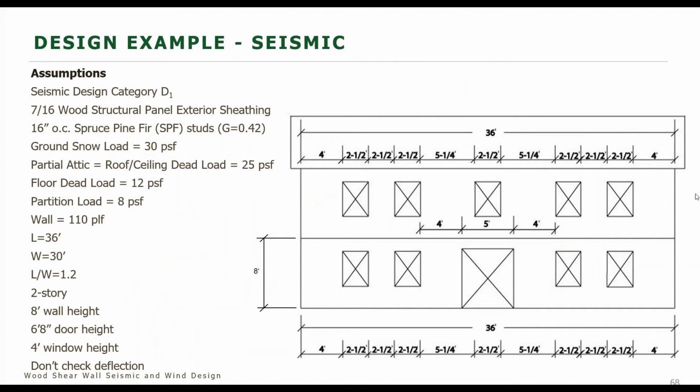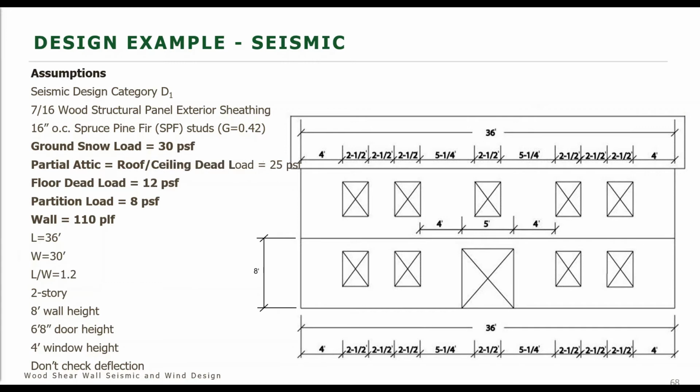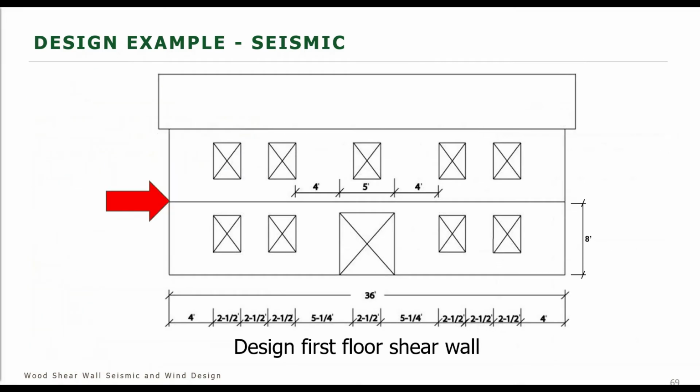The whole configuration of the building is the same as what Lori designed. That's what's nice about this design example: we're doing a side-by-side comparison of wind to seismic. More important is the dead load and the snow load and how that plays into the overall design when we're dealing with seismic.